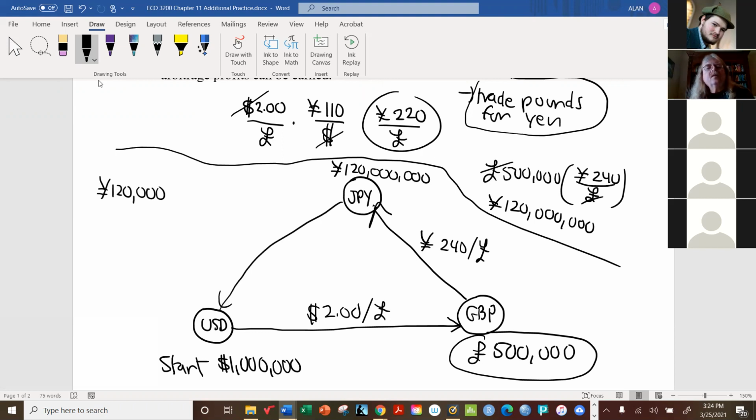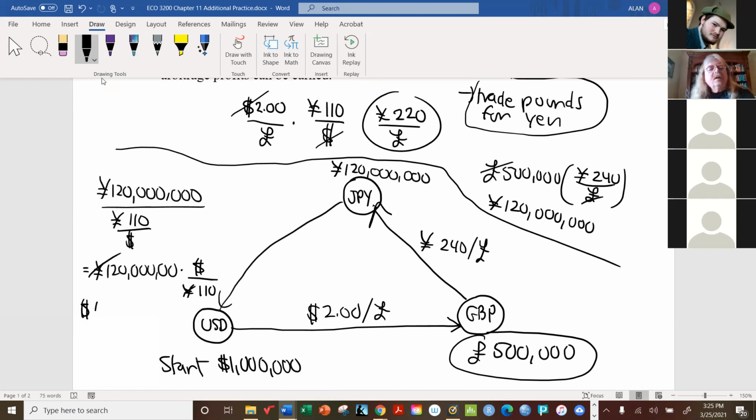Now here, though, we're going to divide, because if you multiply, you'll get the wrong unit. So in other words, 120 million yen divided by 110 yen per dollar is algebraically equivalent to 120 million yen times $1 per 110 yen. Okay, so now you can see that the yen do in fact cancel each other out. And our final result here, which is all we care about, the dollars, we're going to wind up with $1,090,909 approximately.